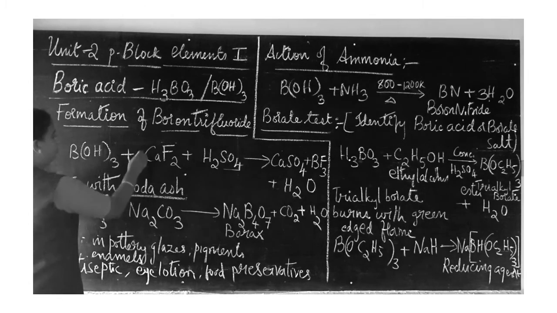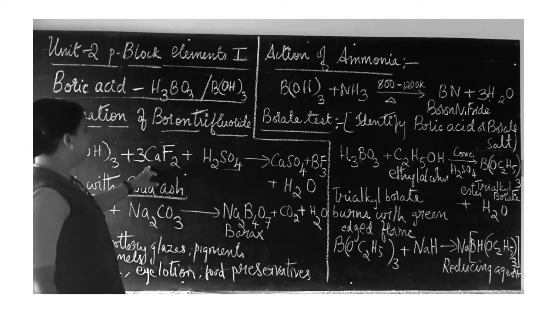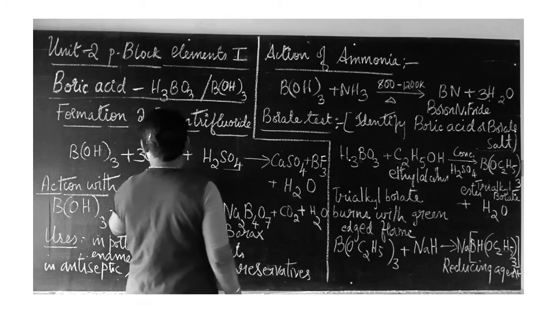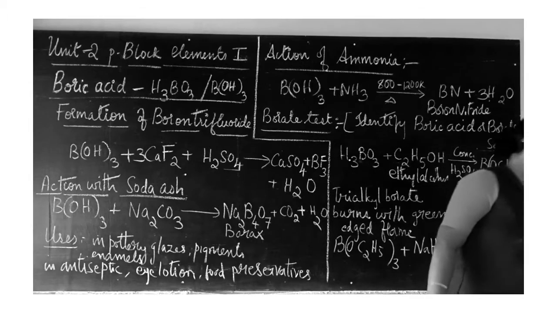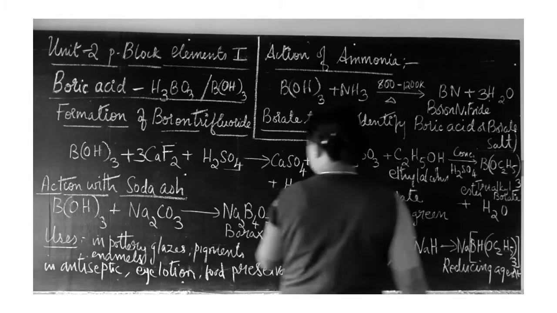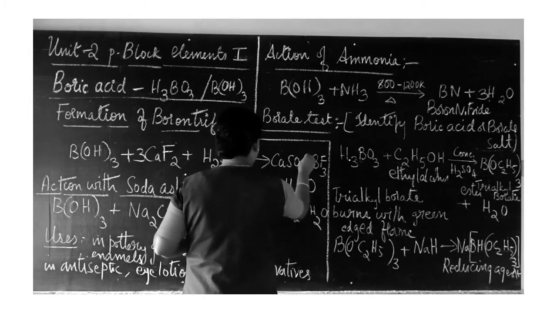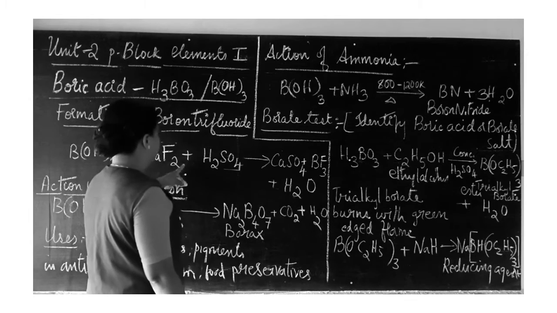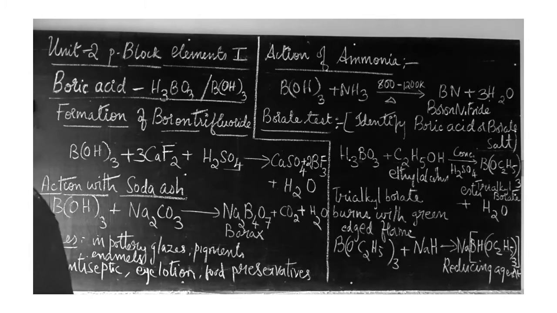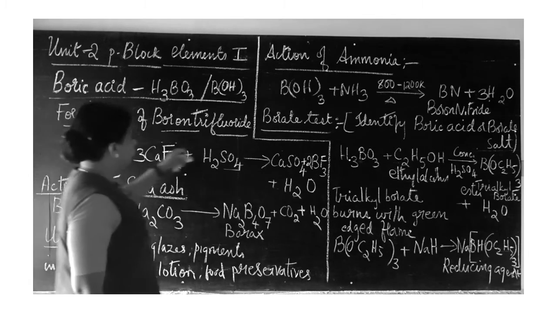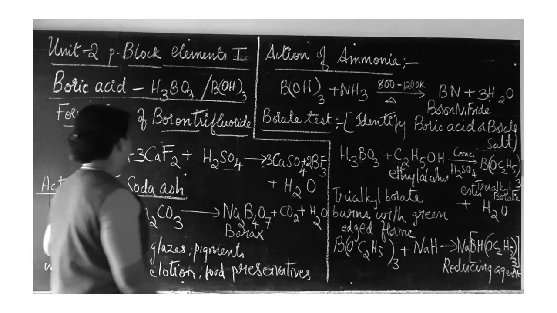So what will I do? I just put a coefficient here. Now it becomes 6 fluoride. So I put here. Now calcium is 3 here, so I just put here 3 calcium.